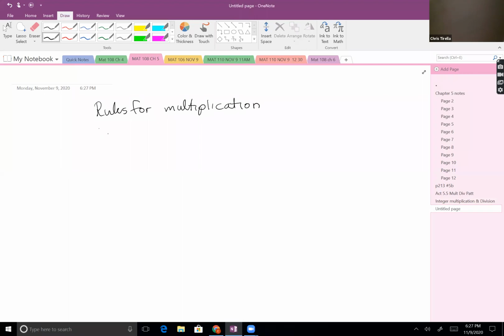And we'll say that if m and n are whole numbers, if we take m times the opposite of n, or m times -n, we'll get a negative product, -mn.